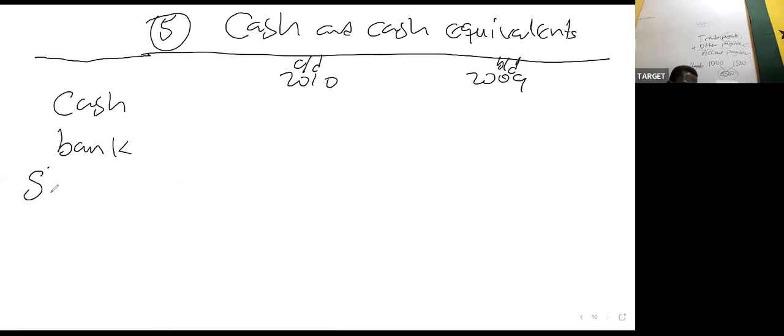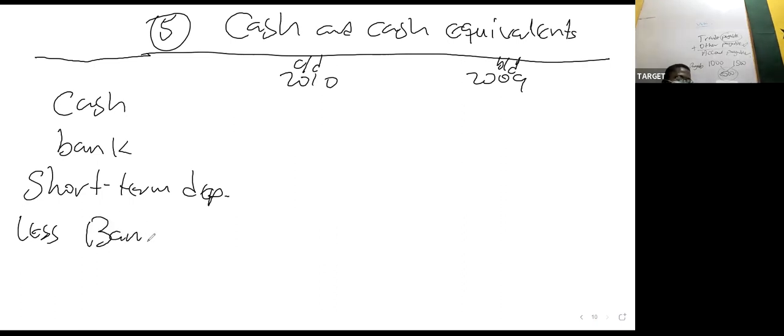Short-term deposit. Less what? Bank overdraft. That's all. We are done. Less overdraft. So just look for this in the question. Sum them up: cash, bank, short-term deposits, less bank overdraft, or short-term investment, which are readily available.